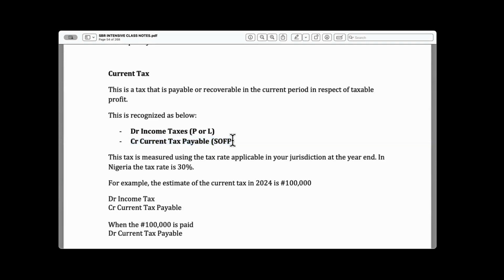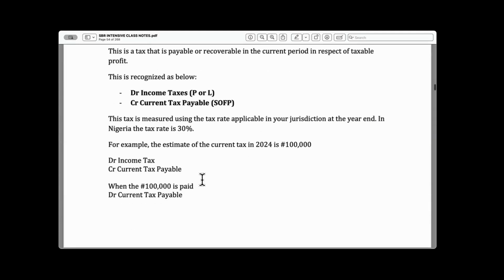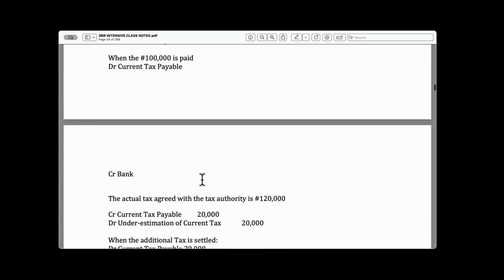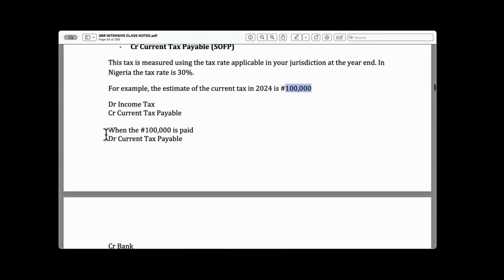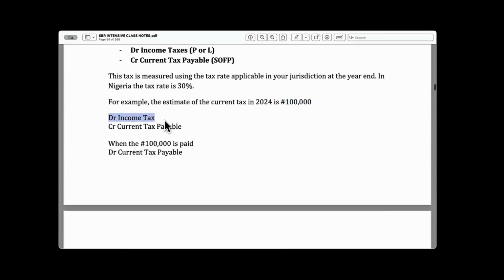Now in 2025, there are usually adjustments that we then need to make. One of the adjustments is that, let's say, for example, the liability you estimated for 2024 was 100K. Then you incorporated this into your books as at 2024.